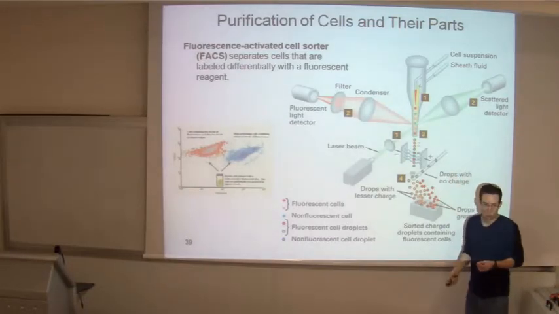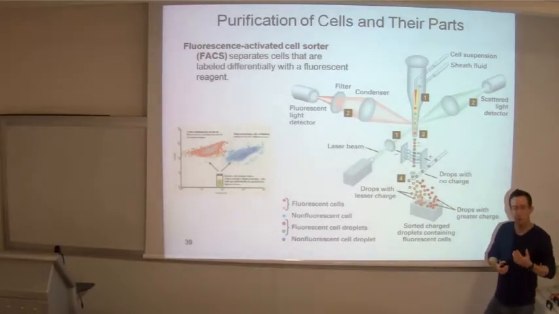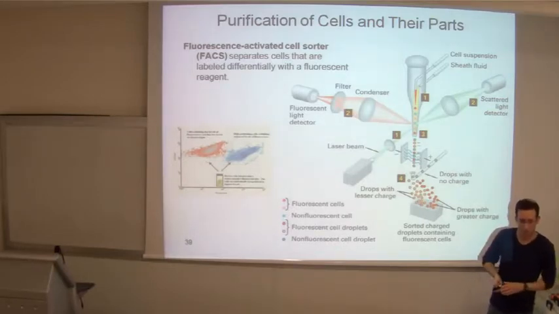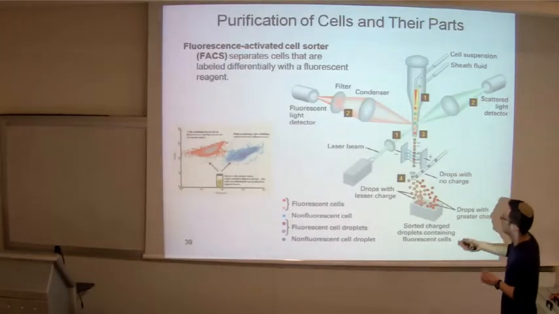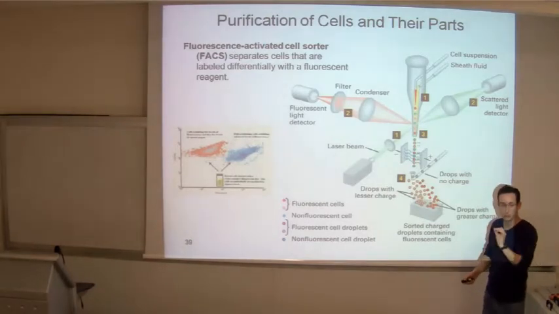Each cell separately is determined by how much fluorescence it has, or whether it is not labeled at all with the fluorescent dye, which dictates whether it belongs to a certain subpopulation or not. And proportional to the amount of fluorescence that the cell has, the machine loads it with negative charge.